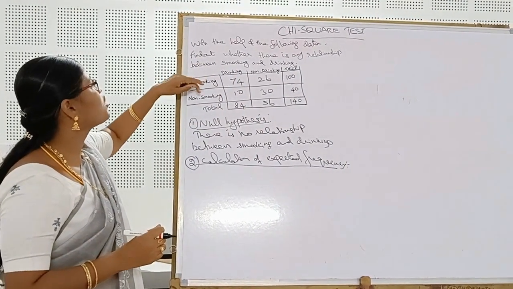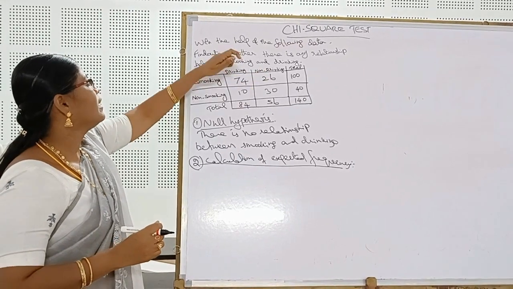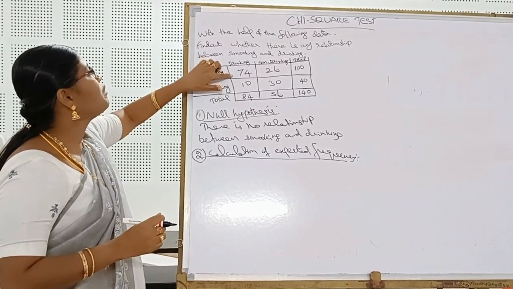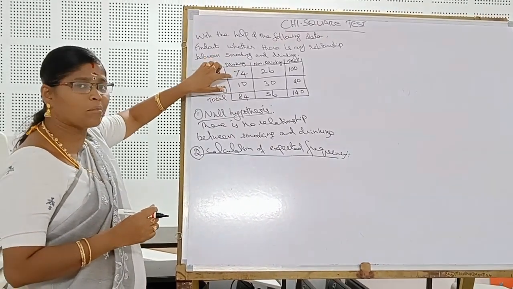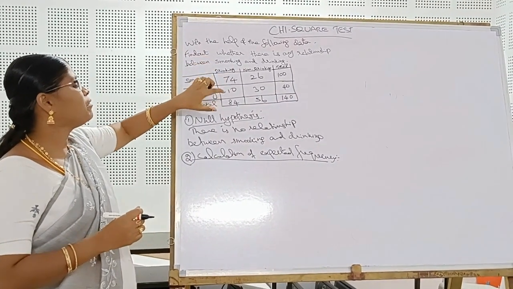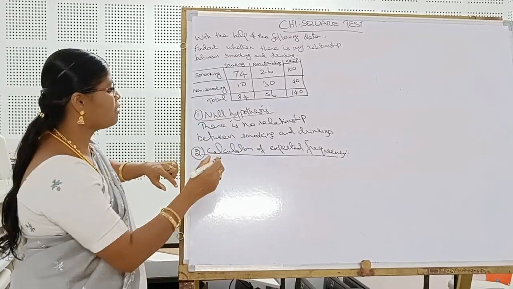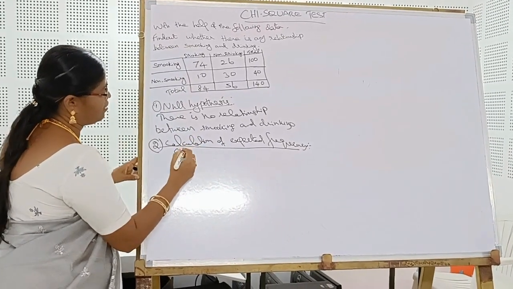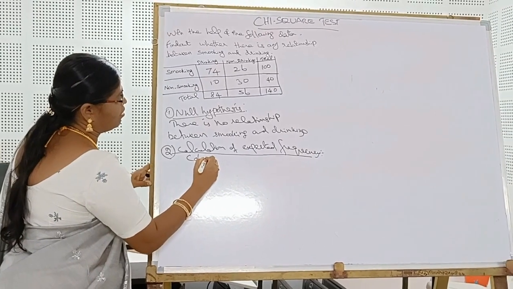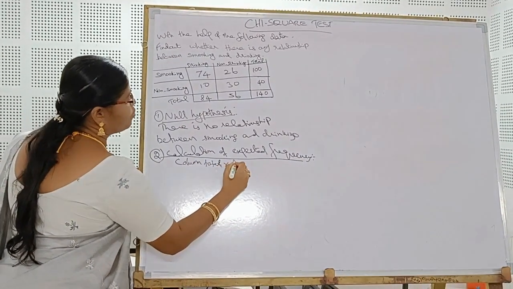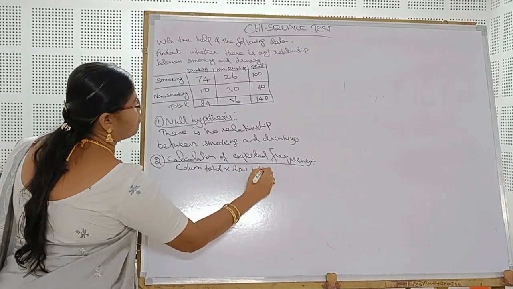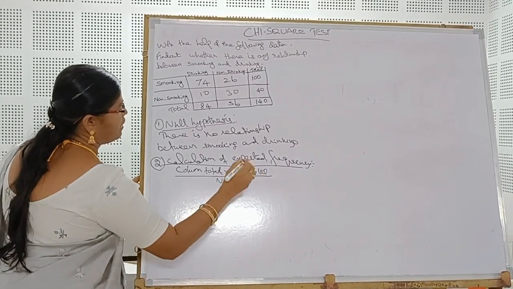The smoking and non-smoking, drinking and non-drinking variable numbers are given in the problem. Those numbers are called observed frequency. Based on that observed frequency, we have to find out the expected frequency by using the formula column total into row total divided by n.